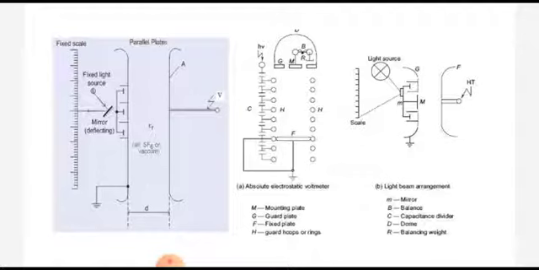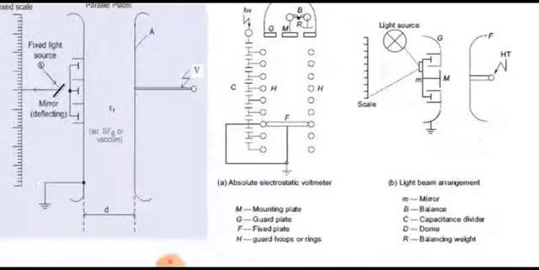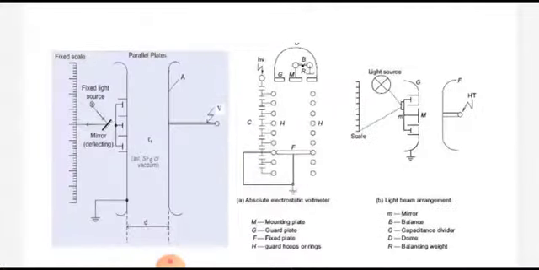It is made by balancing the plate with a counterweight. That counterweight will be given in the second diagram. B means balance ring, and R is the balancing weight. So here we have to balance the weight with a small weight we have to put.